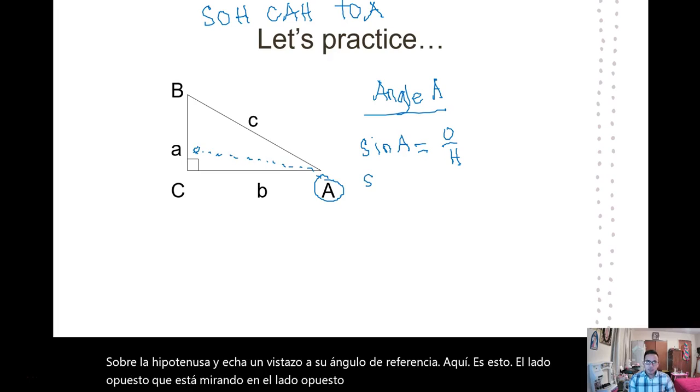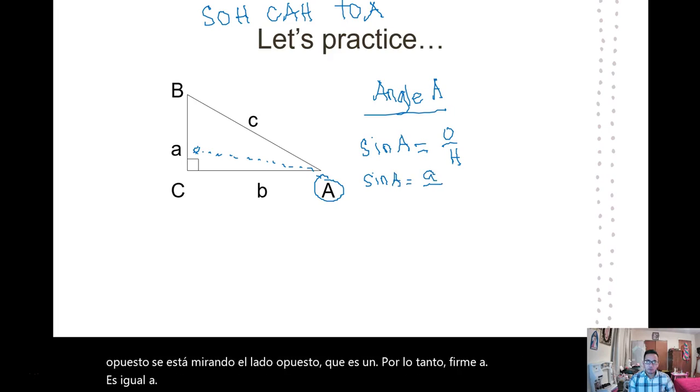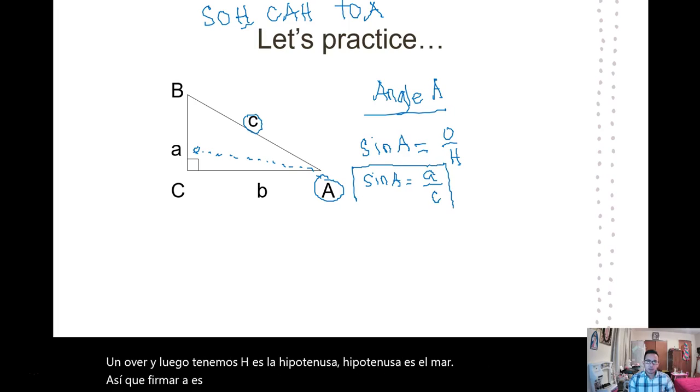Therefore, sine A is equal to a over the hypotenuse, which is c. So sine A is equal to a over c. How about cosine A?